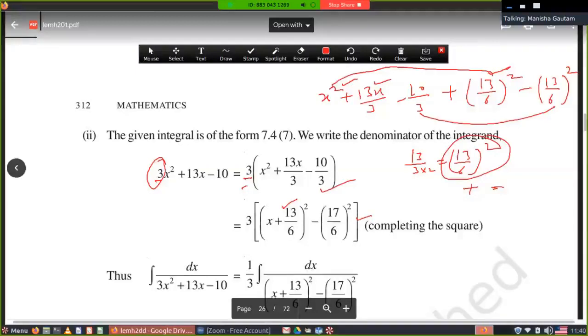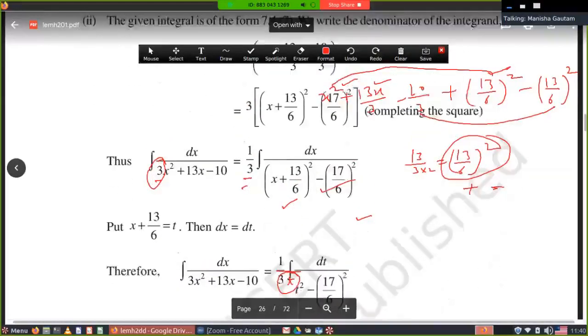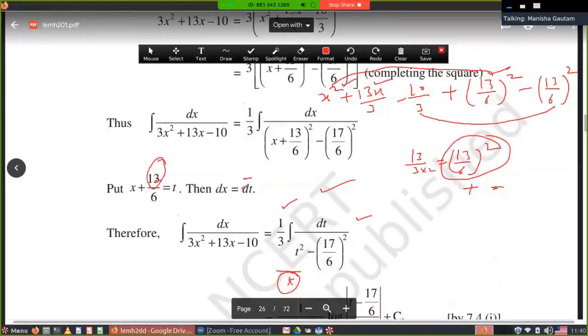So, the question becomes this one. Now put this as t. Convert it into standard form. You are getting the standard form, and that is 1 upon t square minus 17 upon 6 whole square. It means integration of 1 upon x square minus a square. You have to apply this formula and you will get the answer.